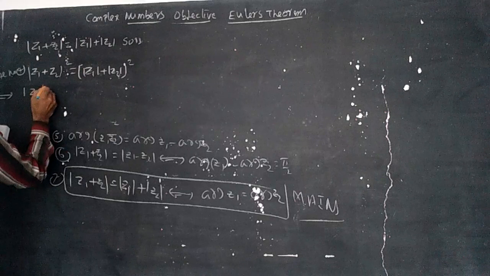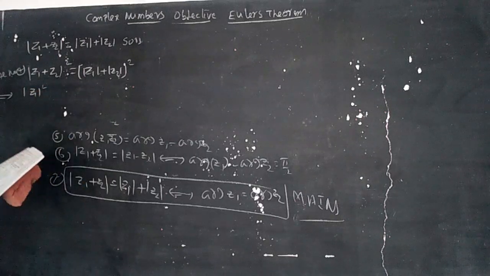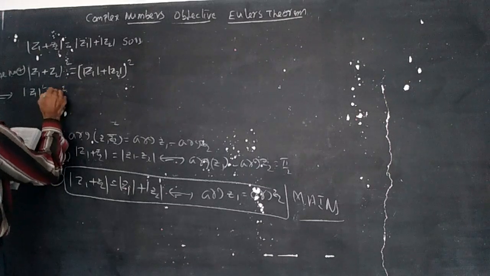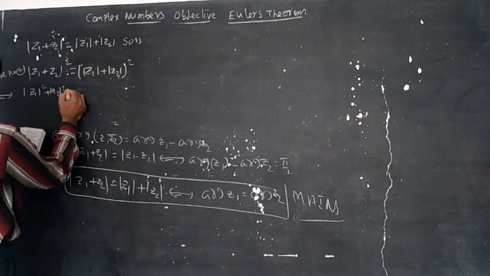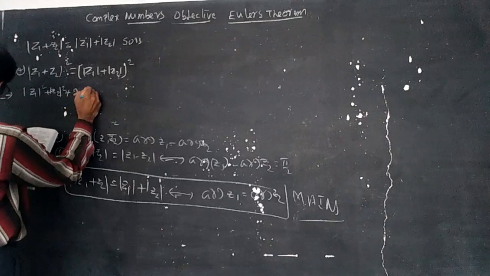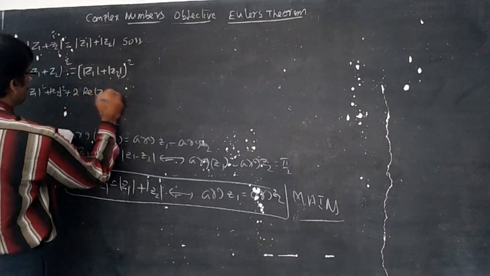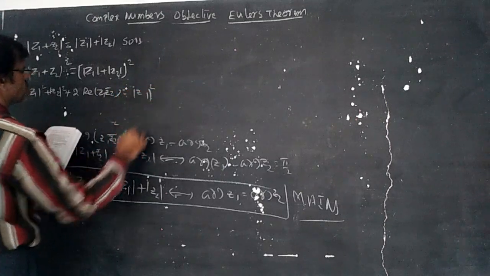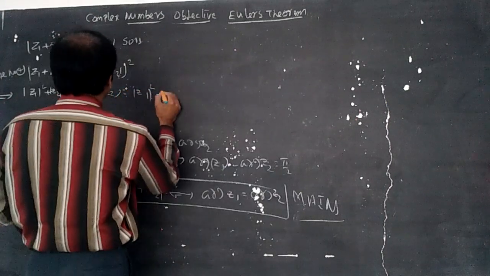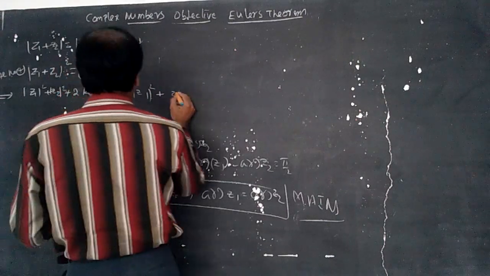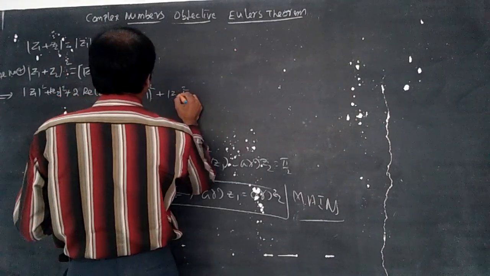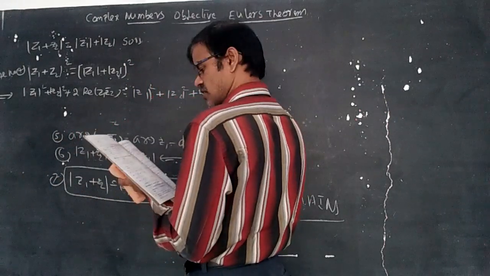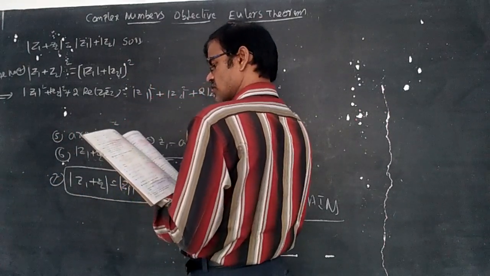In that formula, I proved that modulus of Z1 plus Z2 whole square can be written as modulus of Z1 square plus modulus of Z2 square plus 2 real into Z1 Z2 bar, which is equal to modulus of Z1 square plus modulus of Z2 square plus 2 modulus of Z1 Z2 concept.